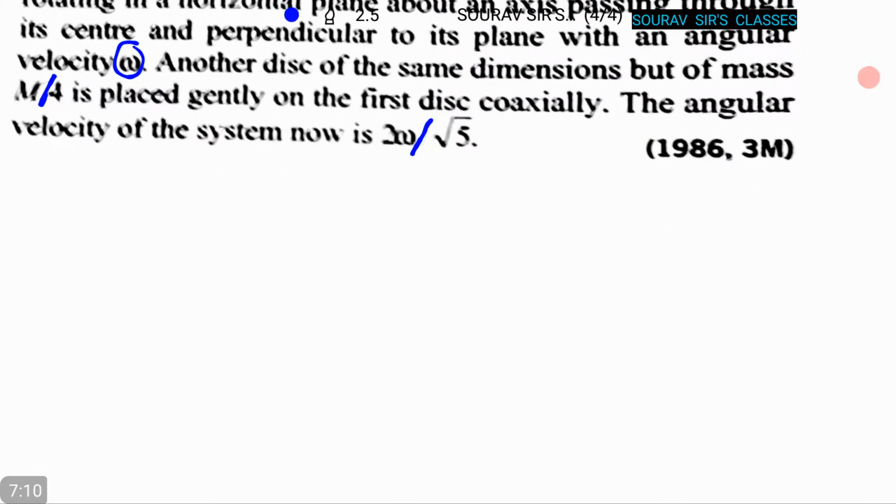So now let's proceed to the solution. We can rewrite it as I1 omega 1 is equal to I2 omega 2.